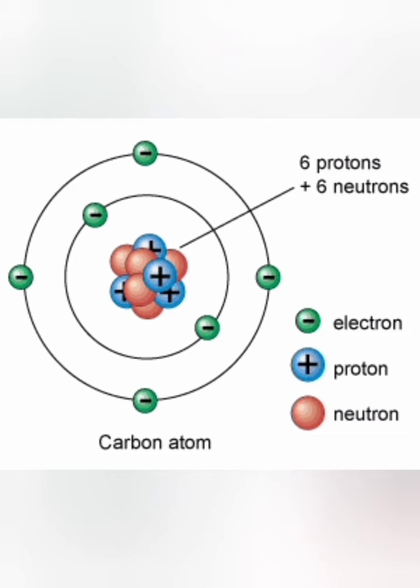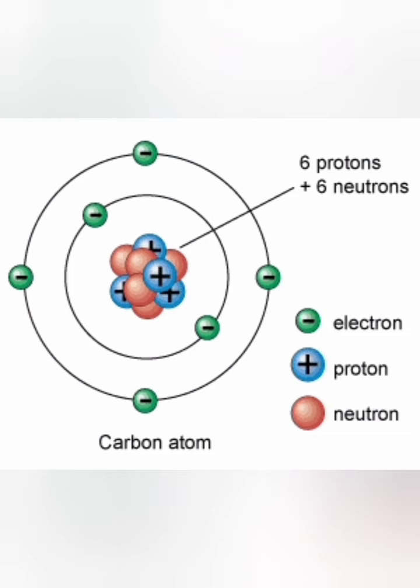The mass of an electron is very small when compared to the protons and neutrons, and the electron is a negatively charged particle. Three things we have to see.